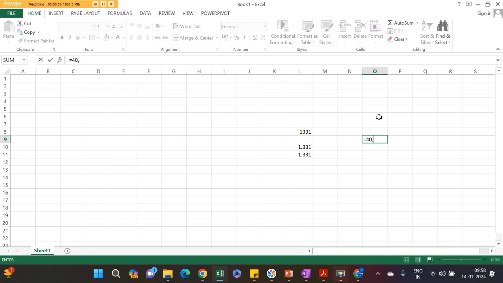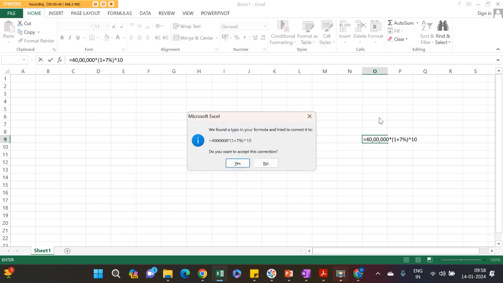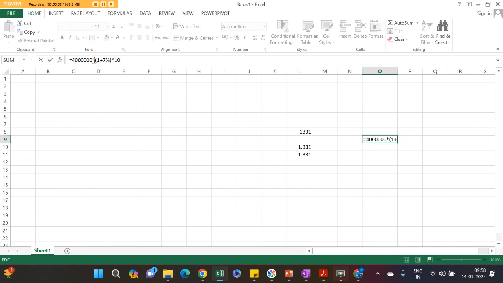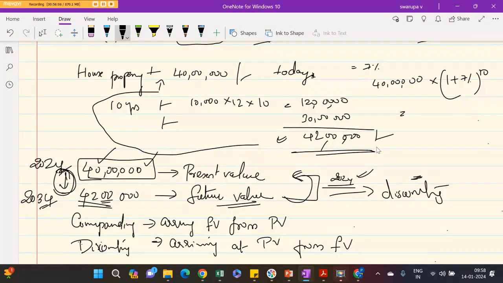So it is 40 lakhs into 1 plus 7% raised to 10. So had I invested it in a simple FD of 7%, after 10 years I would have got approximately 78 lakhs.